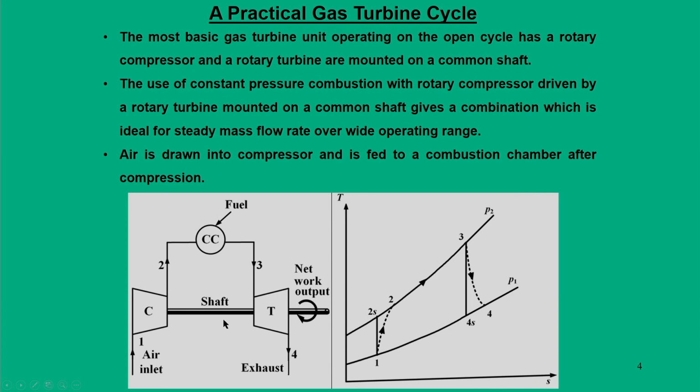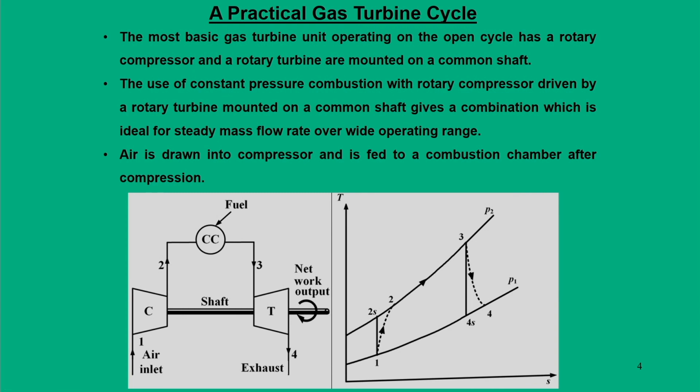Air comes from the atmosphere, enters the compressor, and finally the exhaust gas leaves at state 4 at the end of the turbine. By virtue of the expansion process in the turbine we get net shaft work output, and typically we use a constant pressure combustion mode in this cycle.